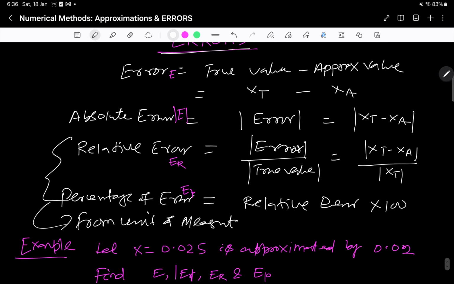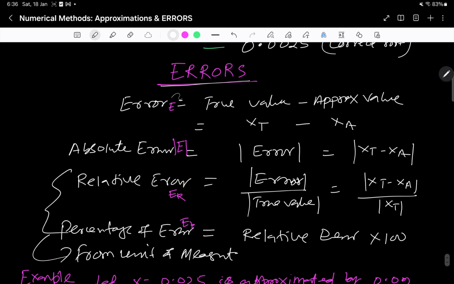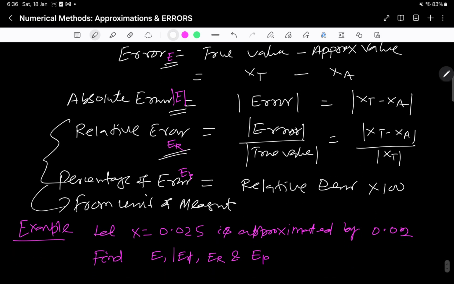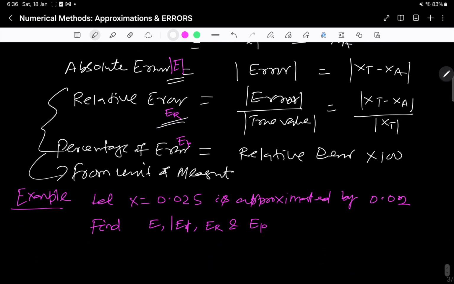So let me solve one example. I denote the error by E, absolute error by E mod, relative error by ER, and percentage error by EP. Let x be approximated by this. My true value is 0.025 and my approximate value is 0.02. Find E mod, relative error and percentage of error.